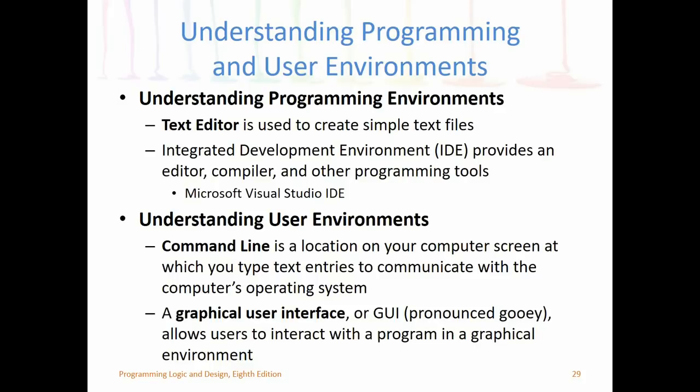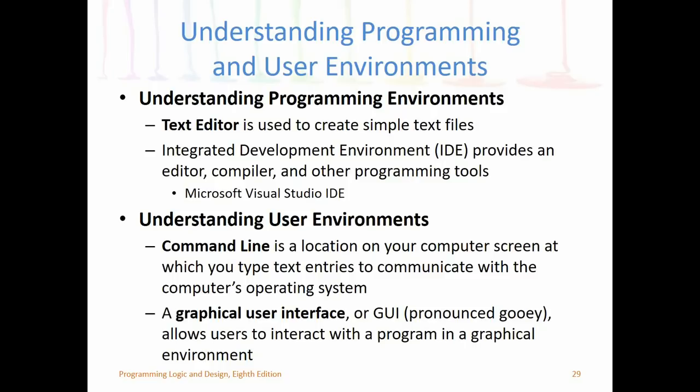Understanding programming and user environment. Understanding program environment: we have a text editor, which is used to create simple text files. Integrated development environment, IDE, which provides an editor, compiler, and programming tools, like Microsoft Visual Studio.